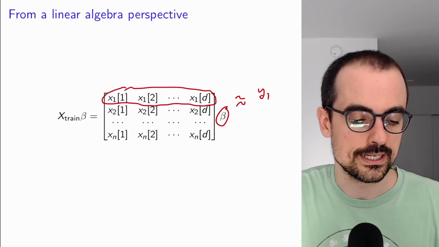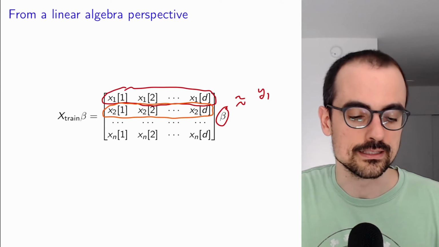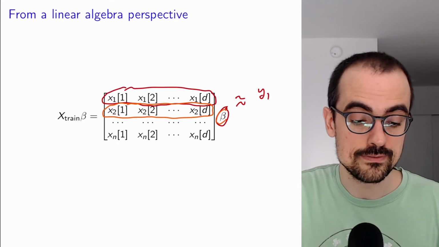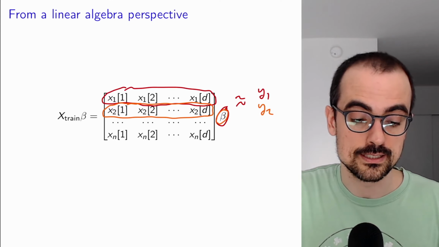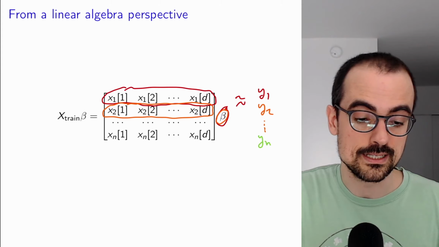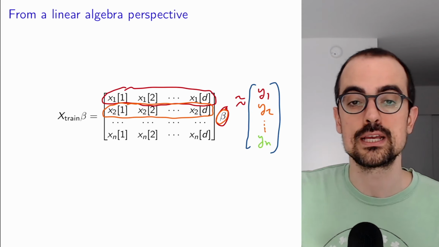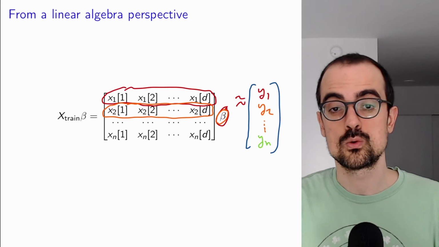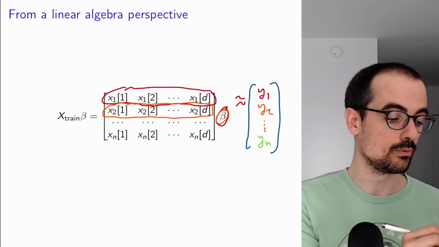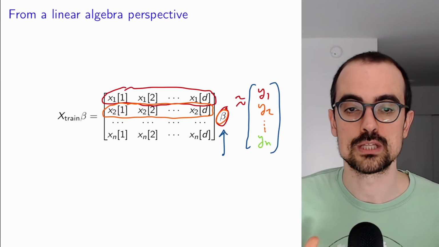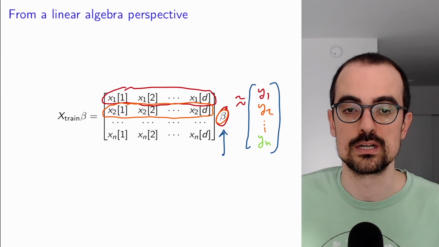Then we take the inner product of our second set of d features with the same coefficients, and that should approximate the second entry of the response, and so on. We're basically trying to approximate the n examples of the response using inner products of the corresponding features with the coefficients. We need to find the value of the linear coefficients such that this approximation is as good as possible. That's what we do when we do ordinary least squares estimation.